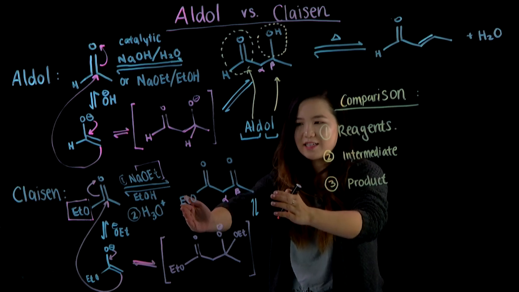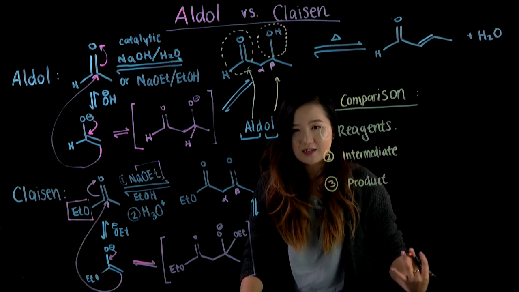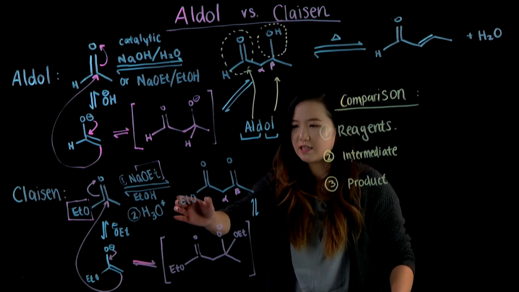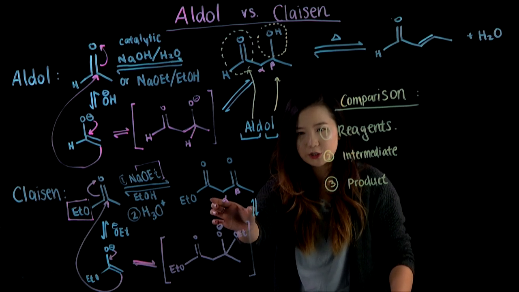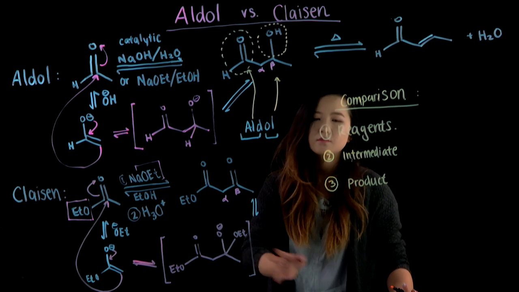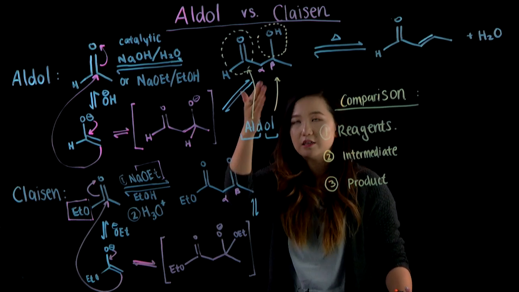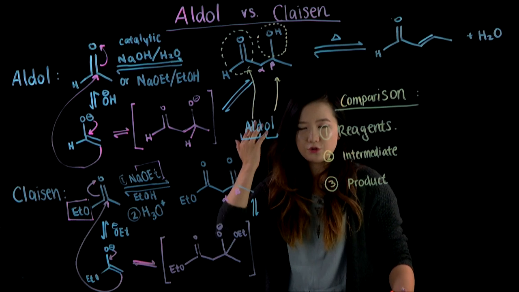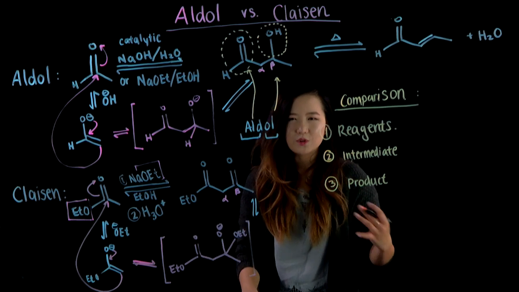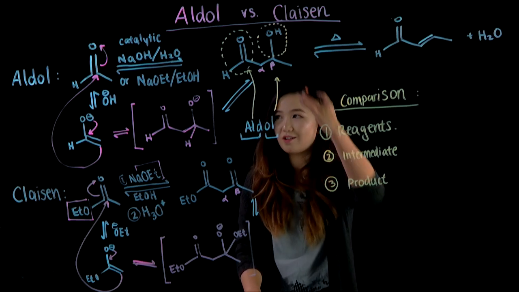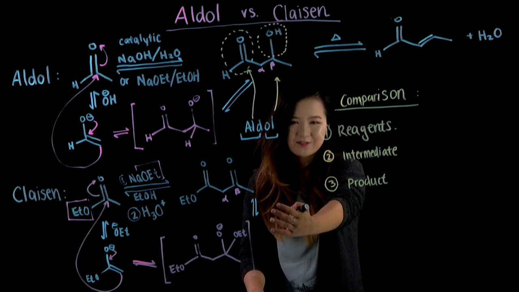And this product is actually an acetoacetic ester, which is an ester connected to a ketone or any carbonyl. So if you were to see these two different products in your starting question, then you will know that this is going to be either an aldol reaction or a Claisen reaction.